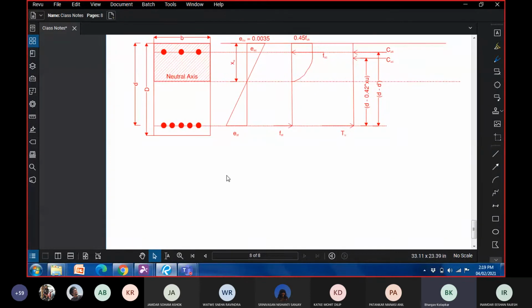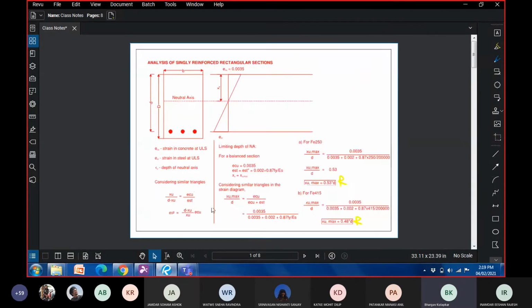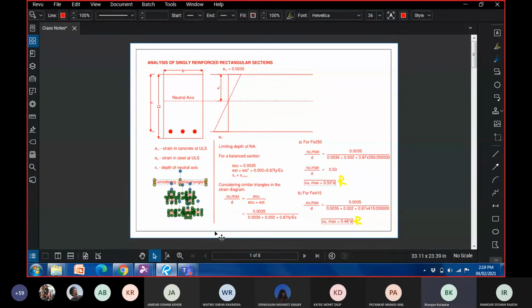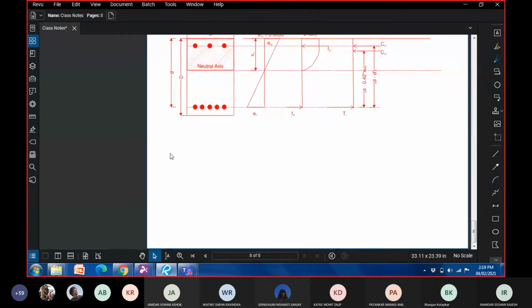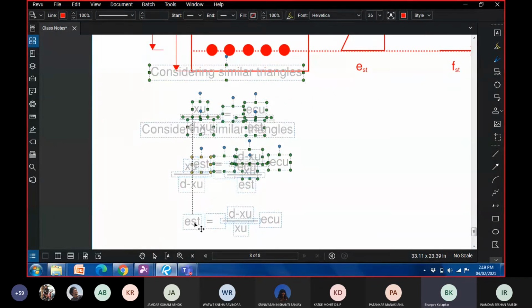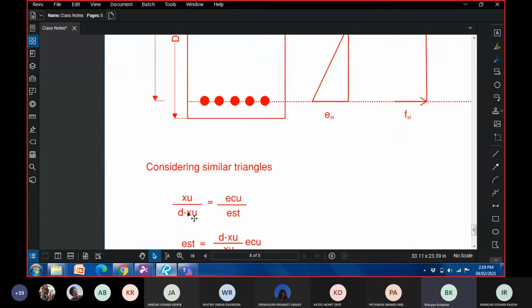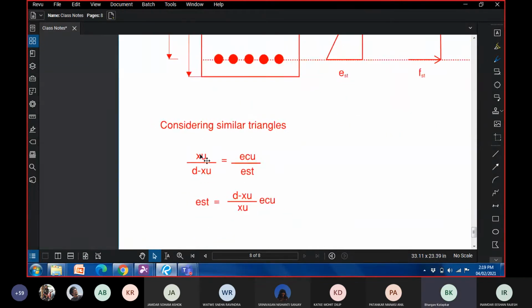Okay, so like we did in the analysis of the singly reinforced beam, the first step is that we try to find out what is the strain in steel in compression. So herein we consider similar triangles. From these similar triangles, perhaps I just write this again to avoid any confusion.